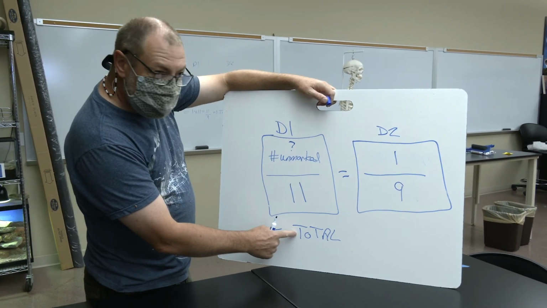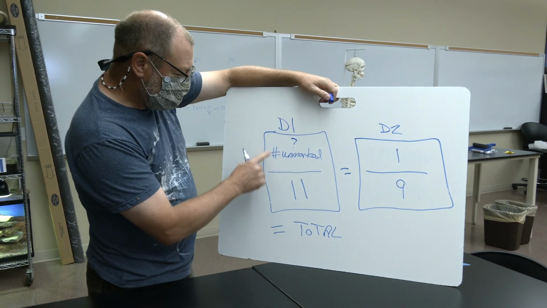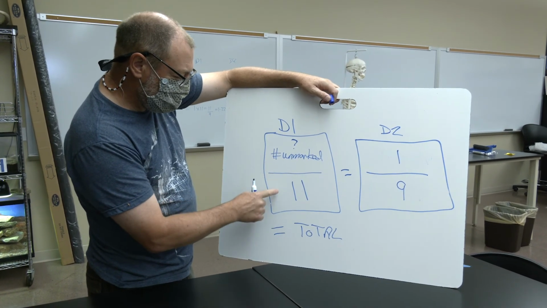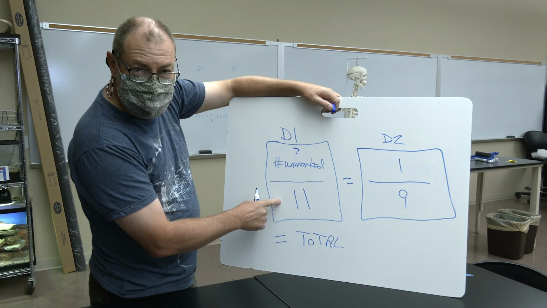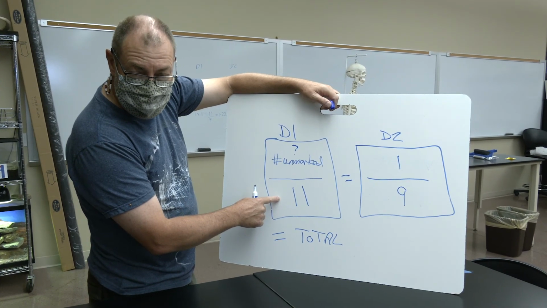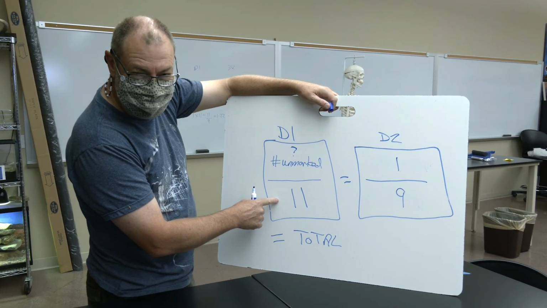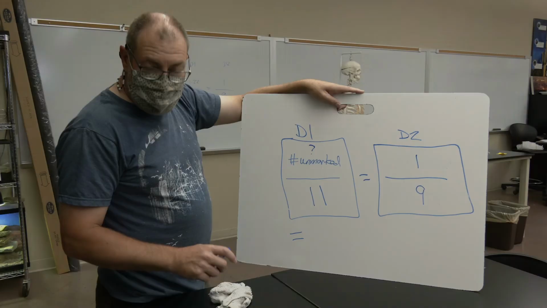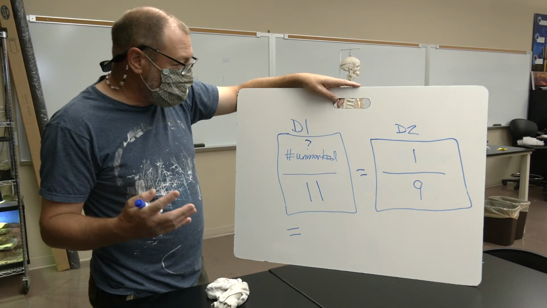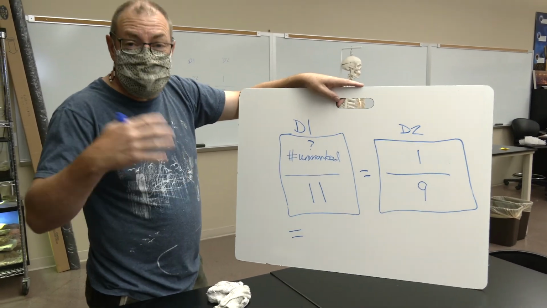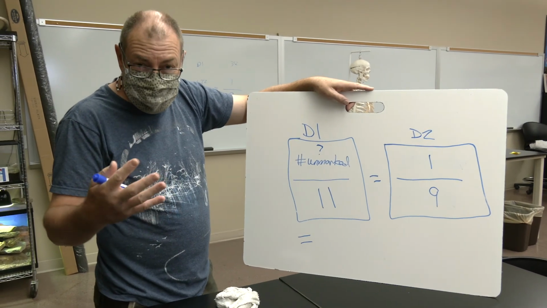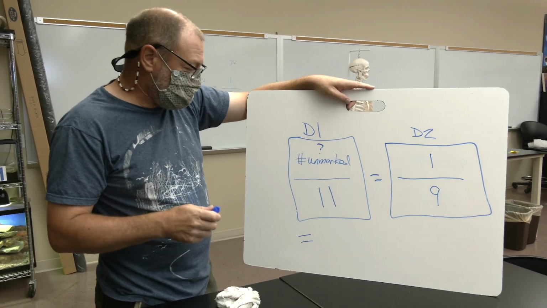Our total number of animals for 10 middens is this number plus this number. All right, so I want you to go away and figure it out, and don't come back till you've got it. All right, so this is the solution. This is how to work it out. But you're going to need to do this yourself for practical exams, okay?